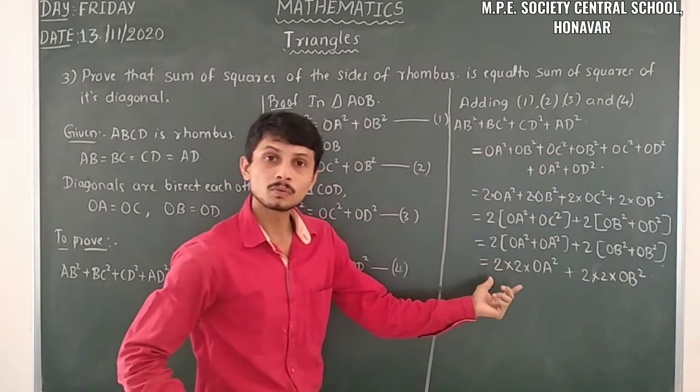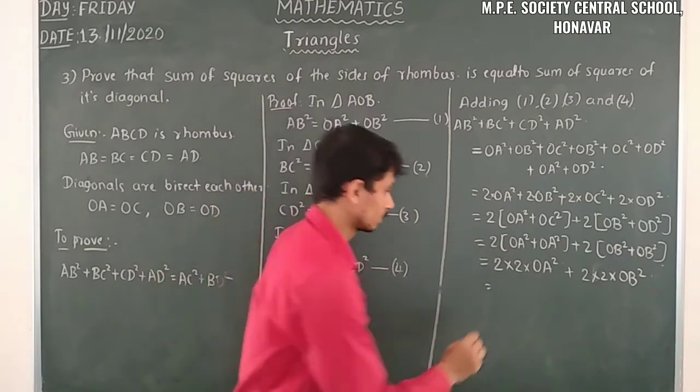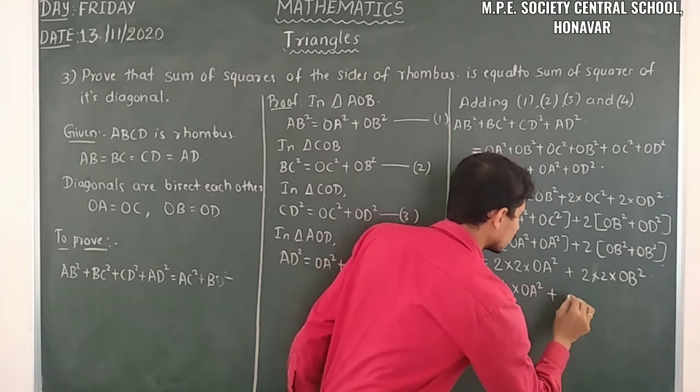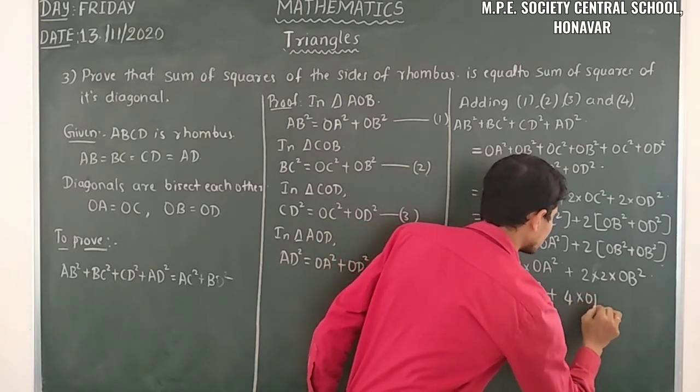Here what happens? 4 into OA square plus 4 into OB square.